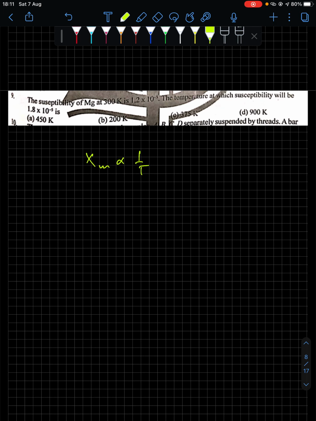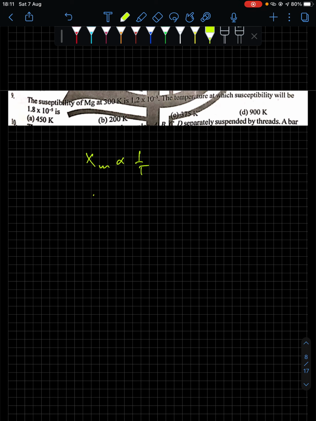Okay. All right. So in such a case, because if they are paramagnetic, then they won't depend on temperature at all. Okay. So anyway, we know that susceptibility is inversely proportional to temperature.